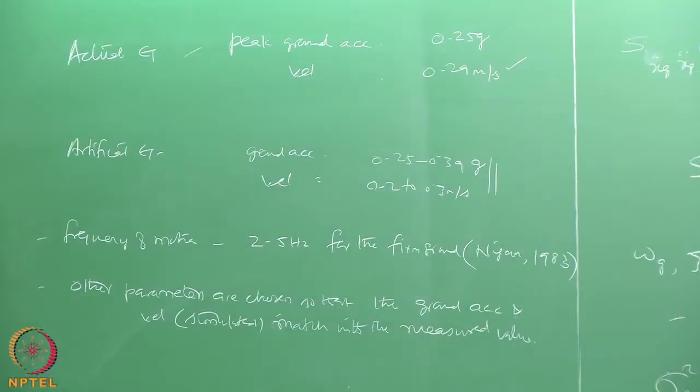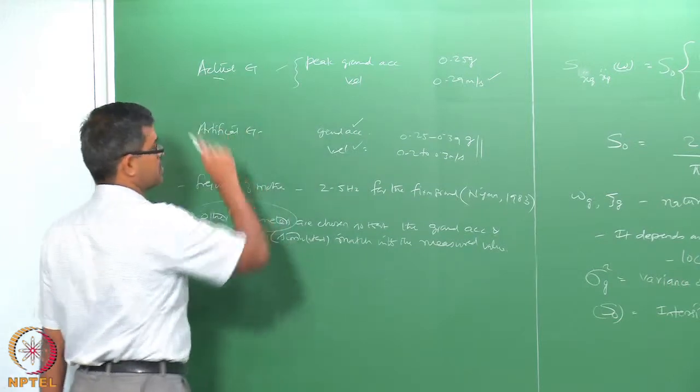So, it is a trial and error process by which we can select the parameters such that the simulated velocity and acceleration match closely with that of the actual earthquake.